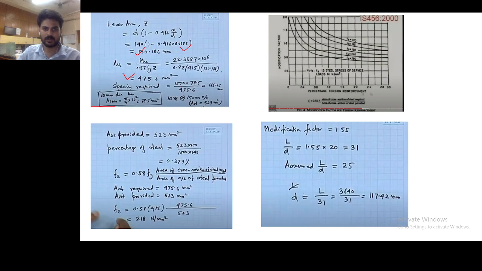So 1000 into 78.5, that's area of the bar, divided by whatever the area we calculated, which is required to resist all the bending moment, which is 478.6. By dividing that we will get the spacing. Okay, so this 165 is the spacing. So we can provide lesser spacing for more safety purpose.